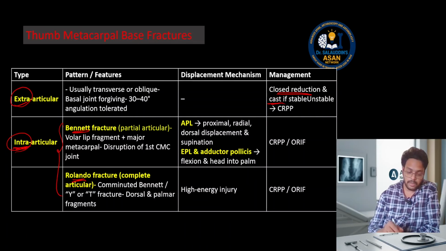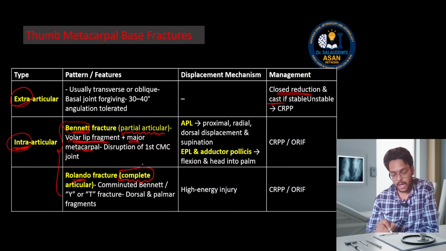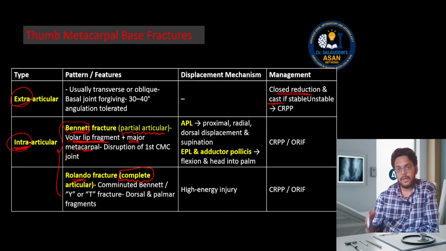But in Bennett fracture, why it's important is it's a partial articular fracture and Rolando's is a complete articular fracture. Here there is a volar lip fragment and a major metacarpal disruption occurs at the carpometacarpal joint. Why?